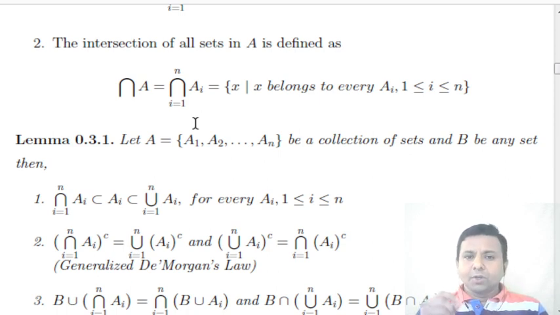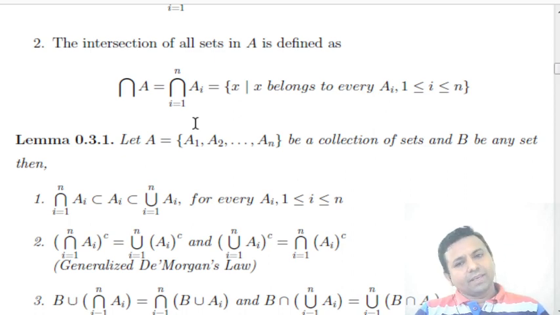That is, x belongs to A1, x belongs to A2, x belongs to A3. Here x belongs to each and every Ai for 1 less than or equal to i less than or equal to n. Then we can say that yes, x belongs to this intersection of Ai.